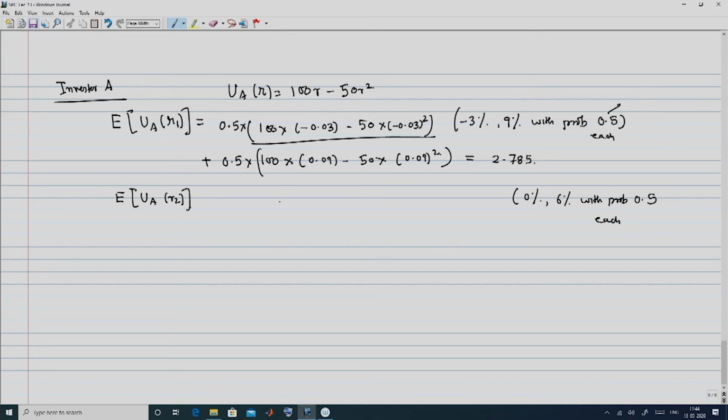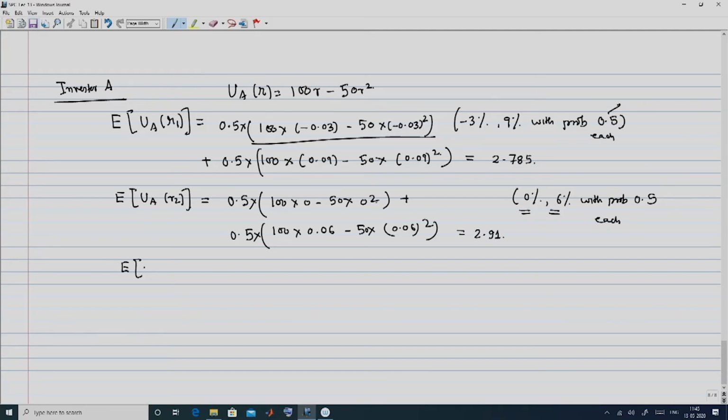So, then the utility values are going to be 100 into 0 minus 50 into 0 square for this case, and 100 into 0.06 minus 50 into 0.06 square, which is this case, and each of those utils have a probability of 0.5, and so the expectation is given by the sum of this, and this turns out to be equal to 2.91.